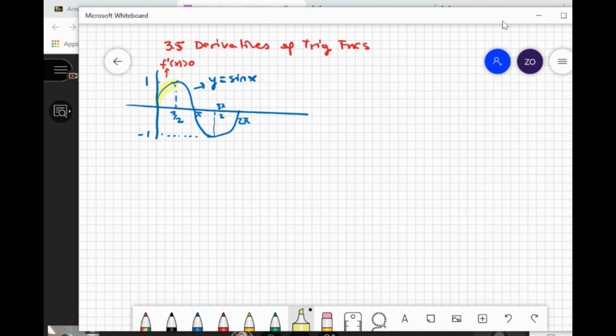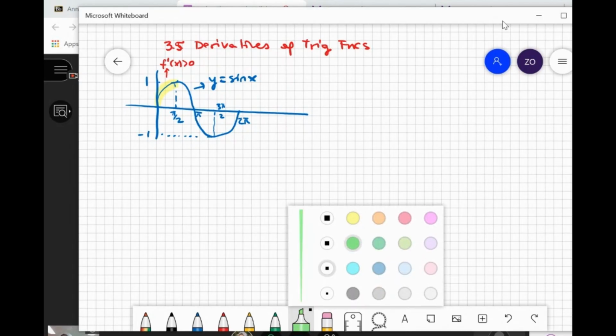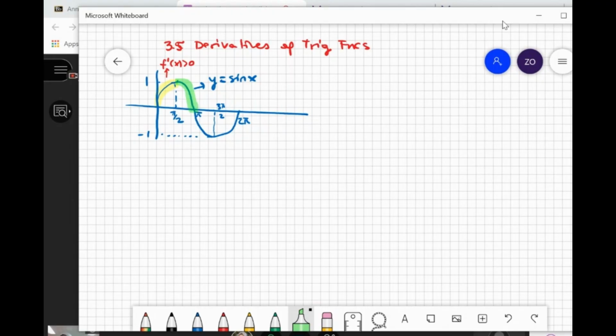So here, after pi over 2, we see the graph falls, so it is decreasing. What do you expect for the derivative? The derivative of the function in this interval between pi over 2 and 3 pi over 2 is less than 0 because it is decreasing.